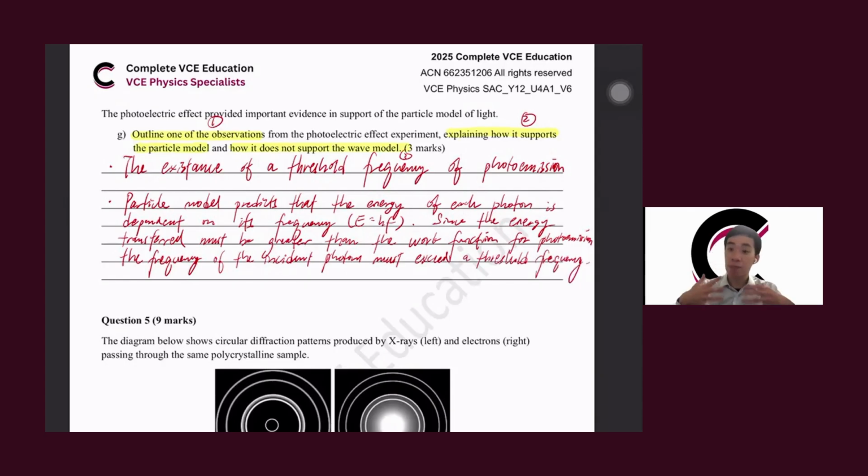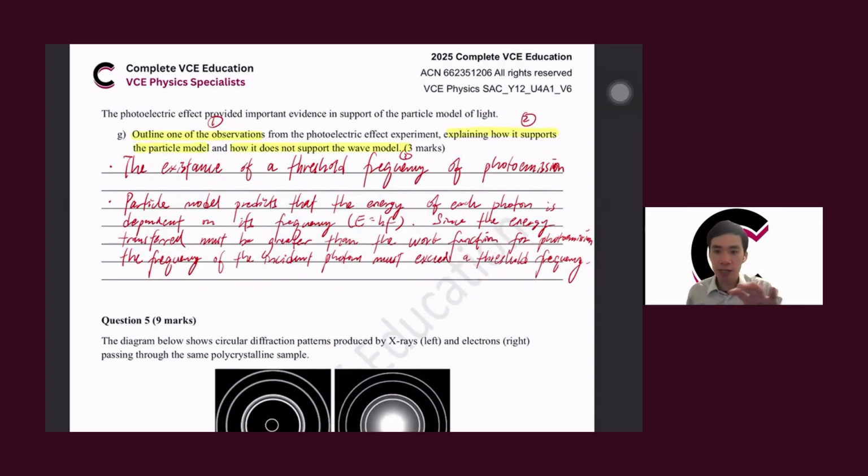Okay. That is how it supports the particle model of understanding, because particle model predicts each photon has an energy E equals HF, right? If there's not enough frequency, it implies there's not enough energy to overcome the work function. So nothing's gonna happen.